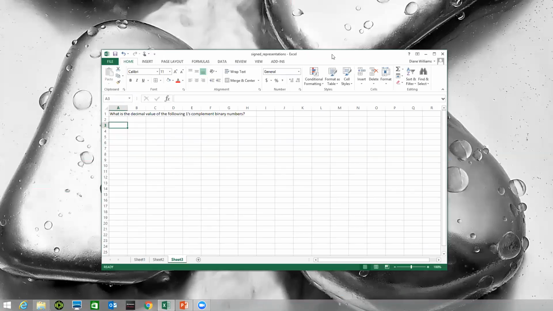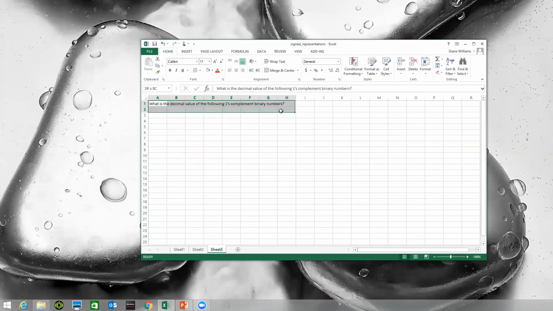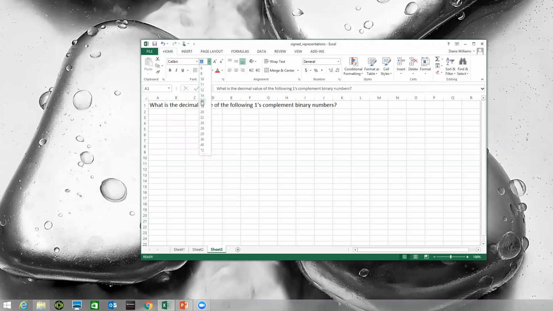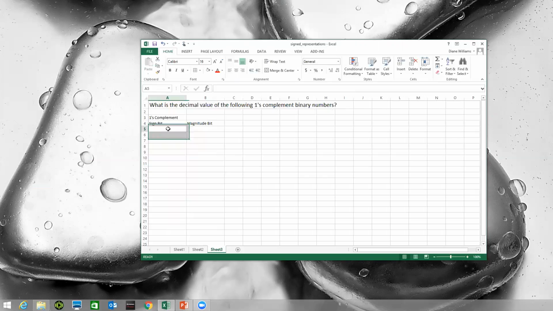Let me center this back a little bit and make that bigger. So we're going to say this number is 1's complement, and we have the sign bit and the magnitude bit. I'm going to write the same pattern.